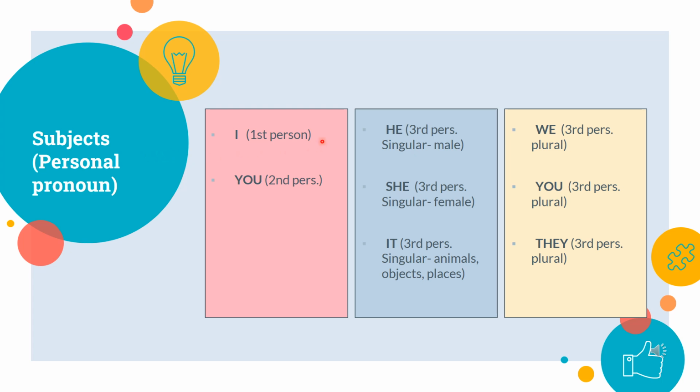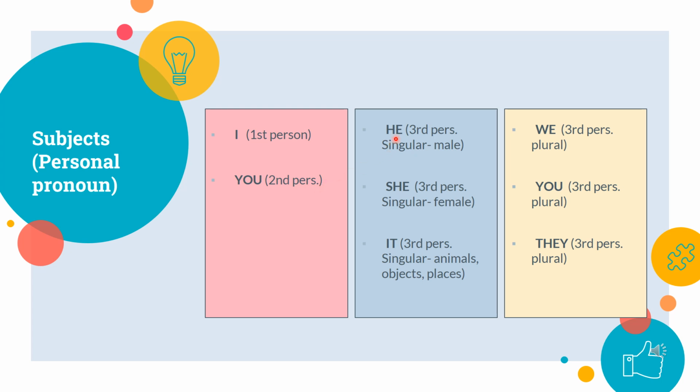So here we can see that we have I. I is me. I is the first person singular. Then we have you. You we have in second person singular.